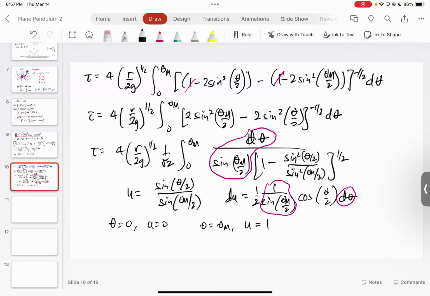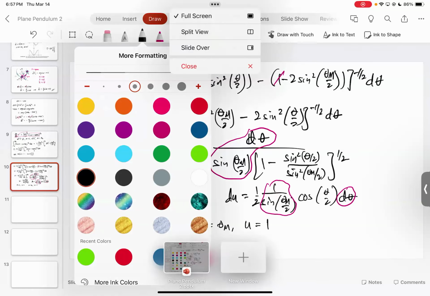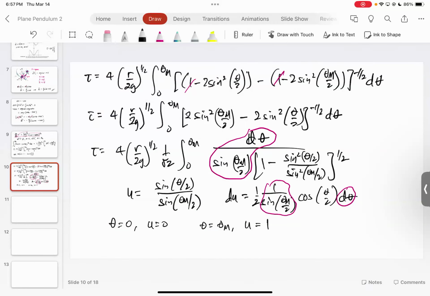So ano ba ang cosine? So from here, sine theta over 2 is equal to u sine theta sub m over 2.